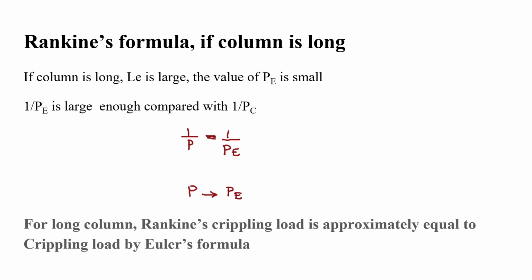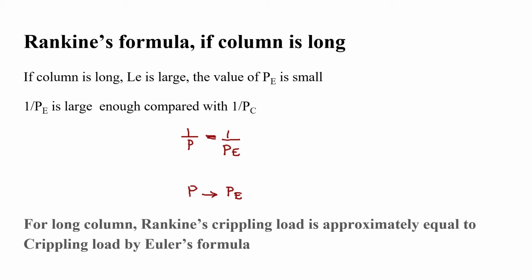The next condition is Rankine's formula when the column is long. For a long column, the effective length is large and the value of Pe, given by pi square EI by Le square, is small. Then 1 by Pe is large compared to 1 by Pc. In such a situation, 1 by P is equal to 1 by Pe, since 1 by Pc is very small in comparison to 1 by Pe.